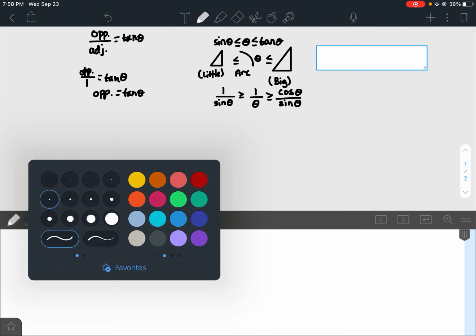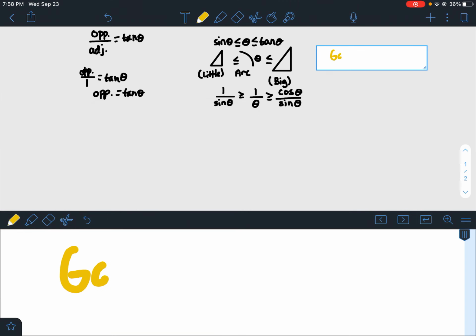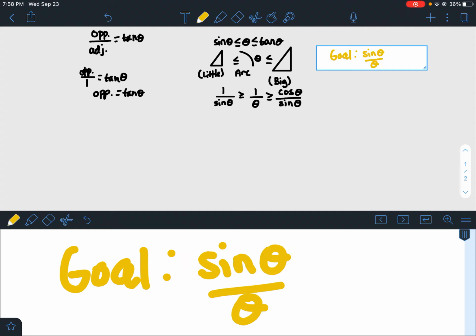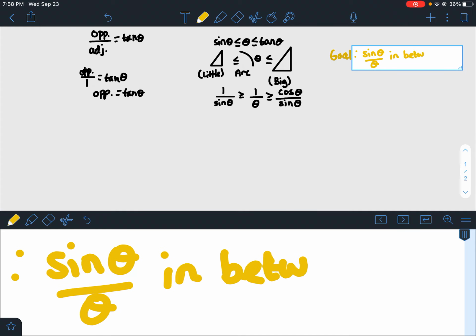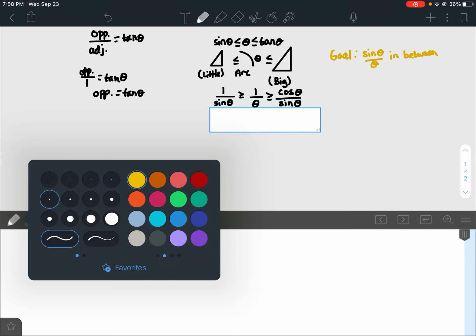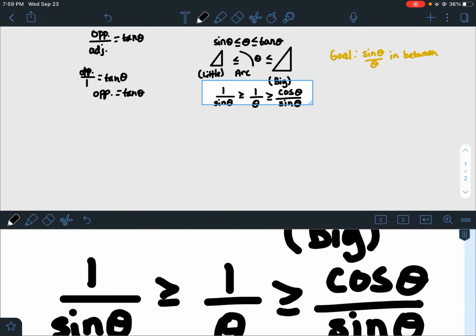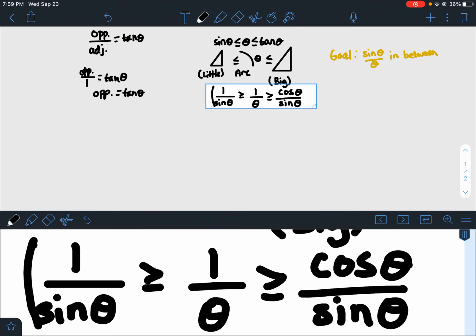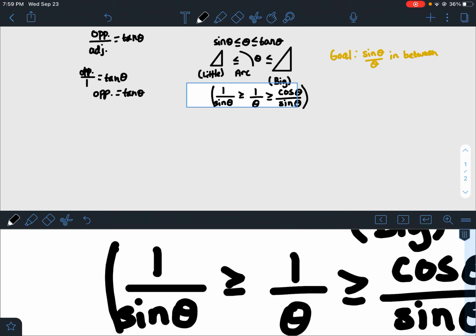Our goal is to get sine of theta over theta in between. So we want it in between, right? So basically, in order to do that, what do we have to do?